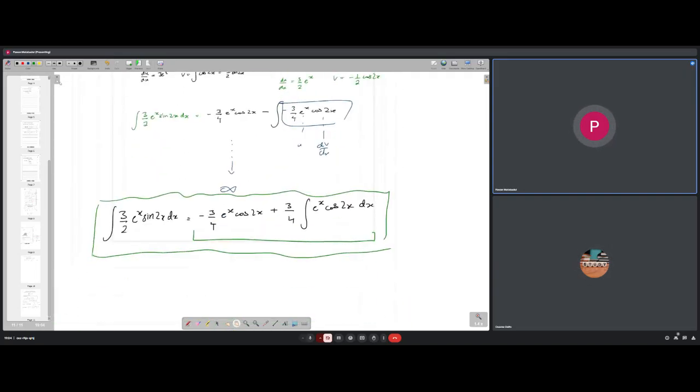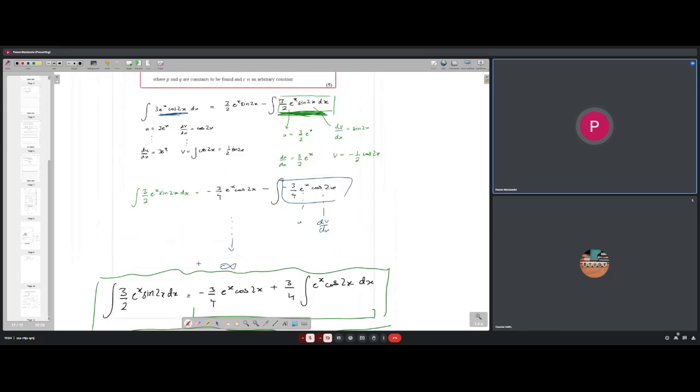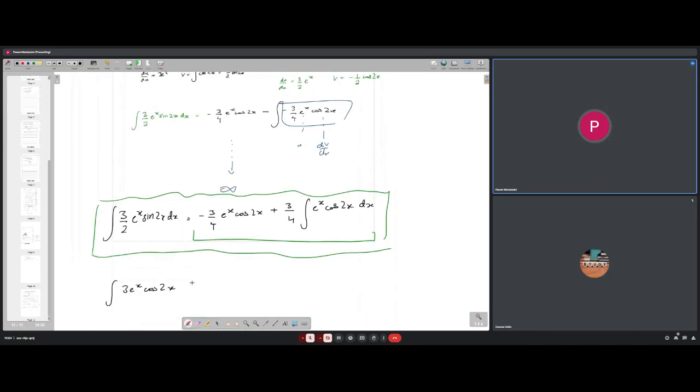So let's just write this out. So you have the integral of 3 over 2 e to the x sine of 2x, right?